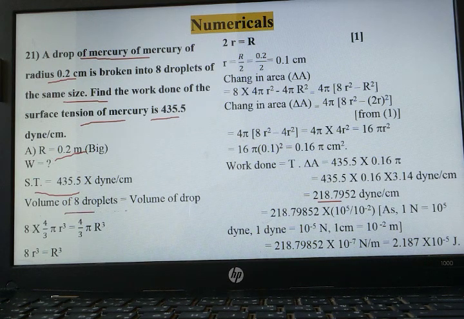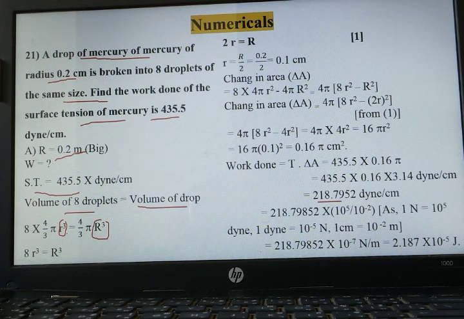Volume of 8 droplets: previously 27 were forming a single droplet, now 8 droplets are forming a single droplet. So it will be 8 times the volume of a droplet equal to the volume of the single droplet. Small r denotes the radius of the 8 droplets, and capital R the radius of the single droplet.